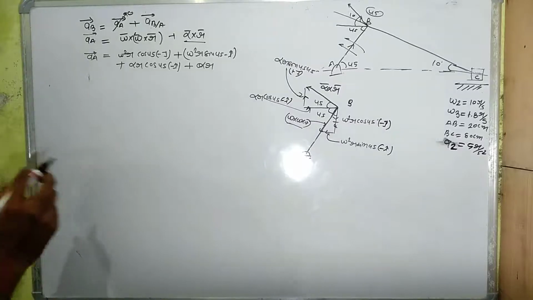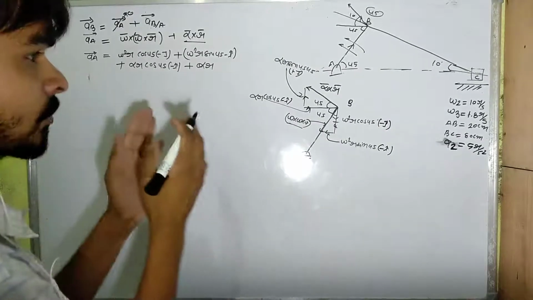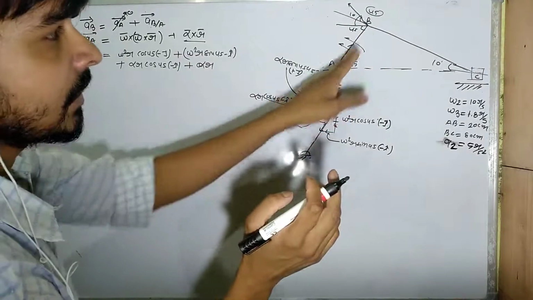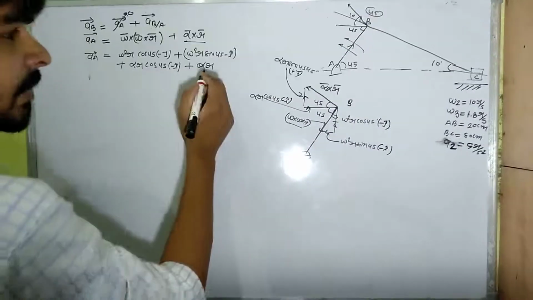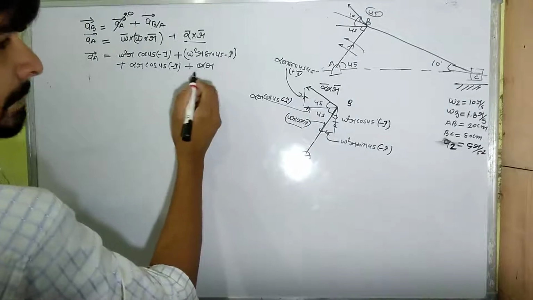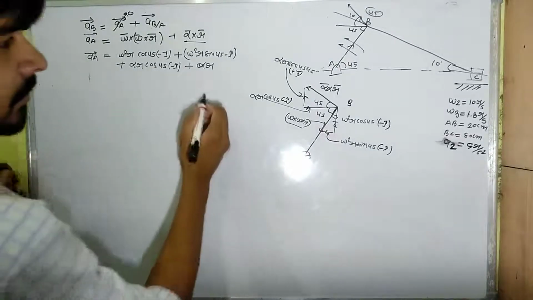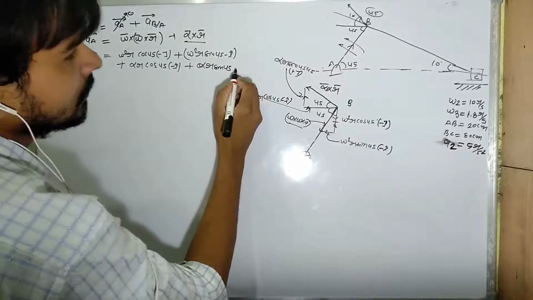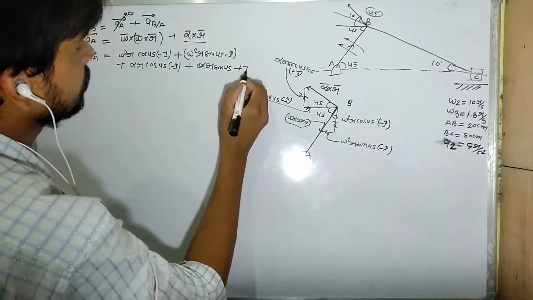And one thing more, this is r. I told you now, r is the distance between A and B. Alpha r sin 45 plus j cap.